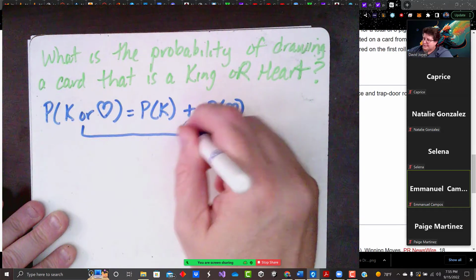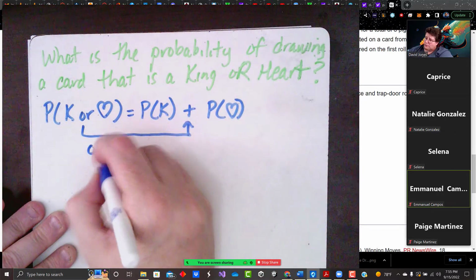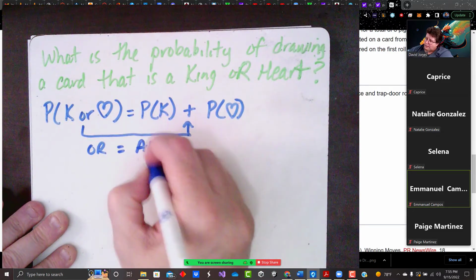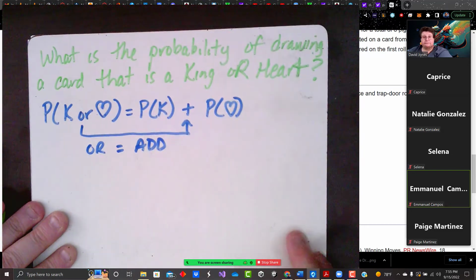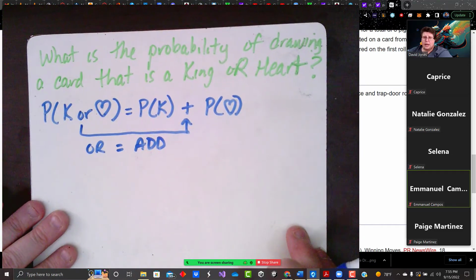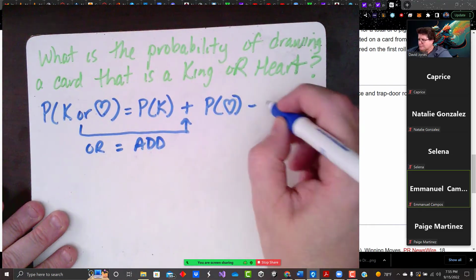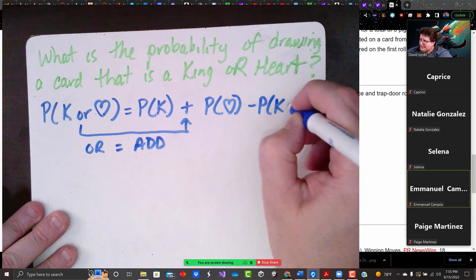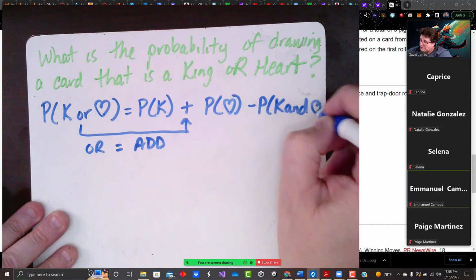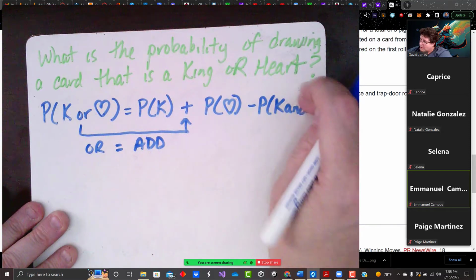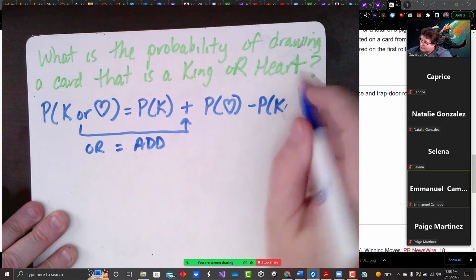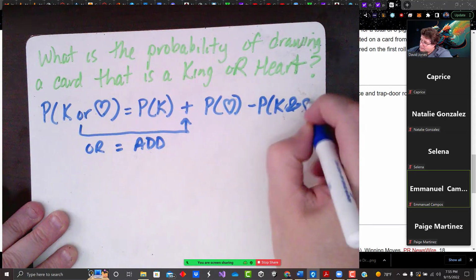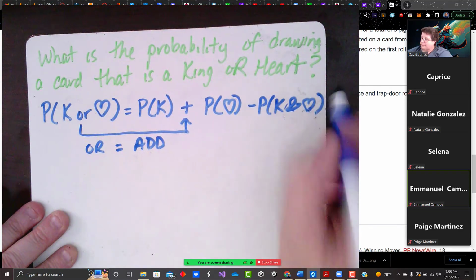Or turns into addition in probability. Then we've got to subtract the event, if there is one, that it is a king and a heart. Maybe I'll do an and symbol. There we go.